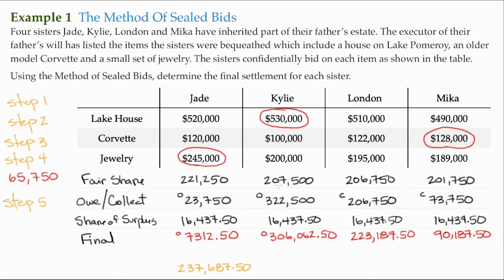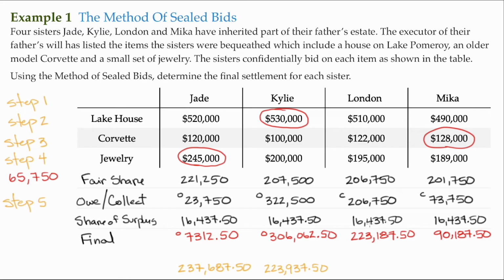So she's happy. She's actually getting more than what she thought her fair share was worth. The same way here. Kylie's fair share is $207,500. So if we take the $530,000 here, subtract the $306,062.50 that she owes back into the estate, she's still coming out with $223,937.50, which is a lot more than the $207,500 that she considered was a fair share.